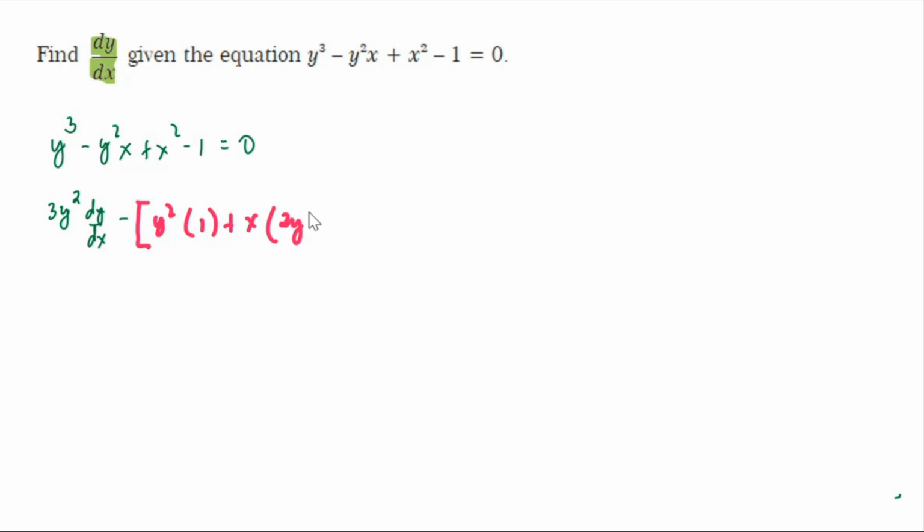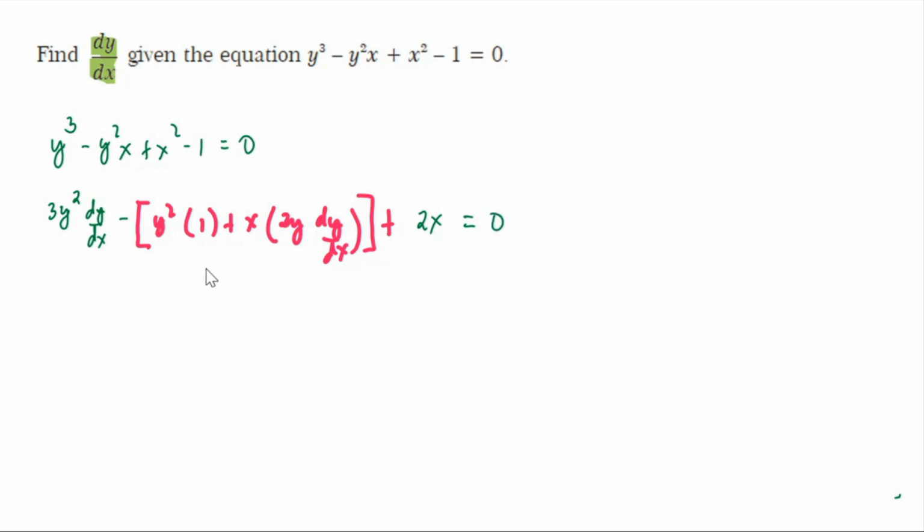Since this is y, every time we take the derivative of y, we are going to write here dy over dx. Plus the third term, x squared. The derivative of x squared is just equal to 2x, and the derivative of negative 1 is 0, so no need to write 0, then it is equal to 0.